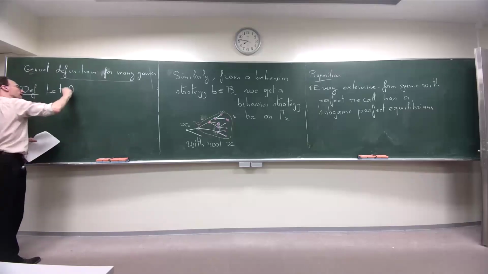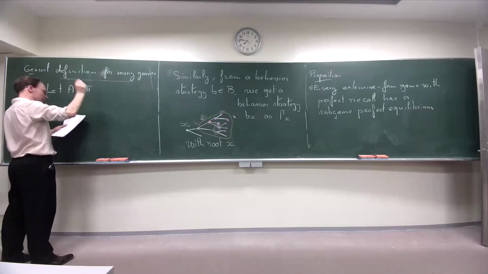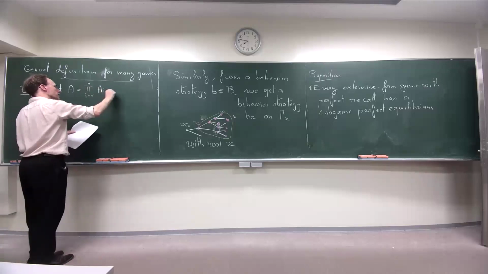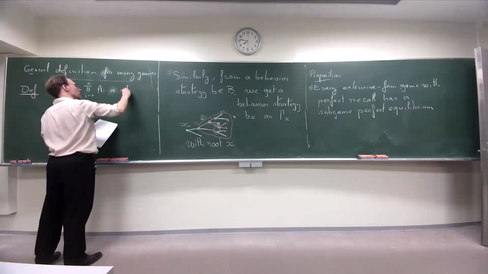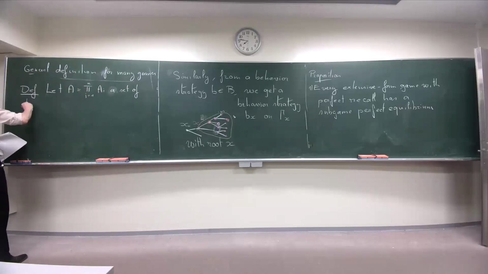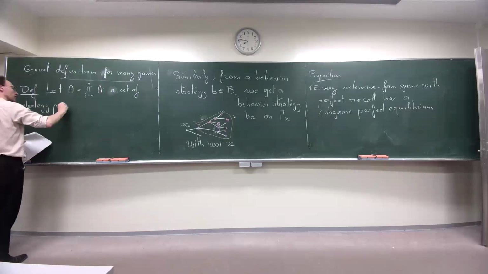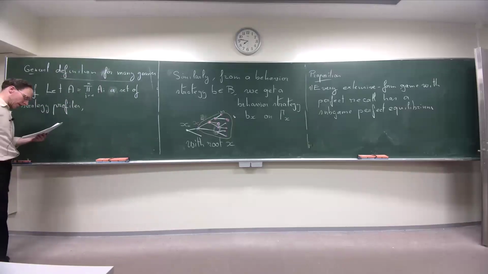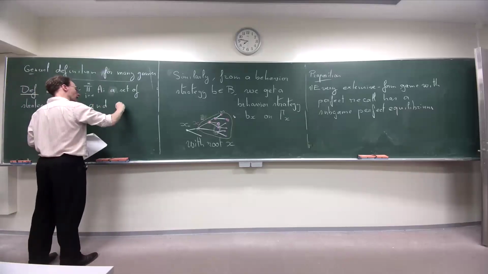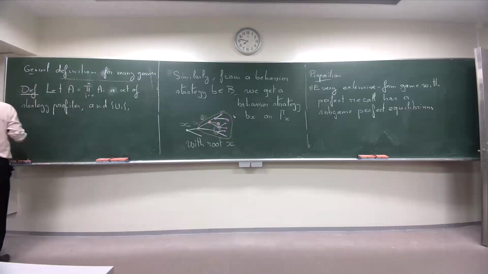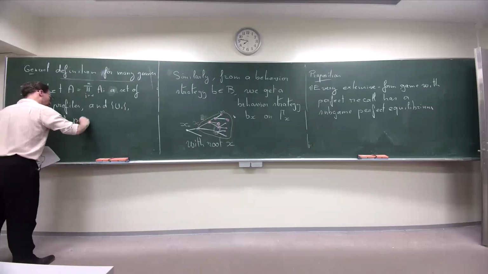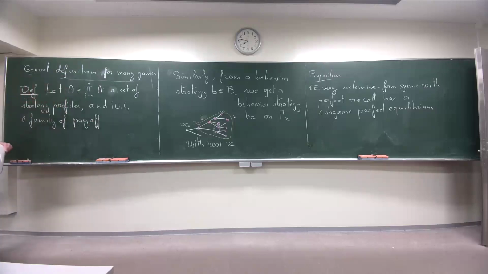So let A, which is the product of A_i, i from 1 to N, be a set of strategy profiles and U_i a family of payoffs. So you can apply it for the strategic games and also for what we are studying now, extensive form games, a family of payoffs.